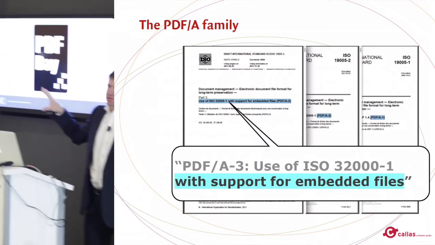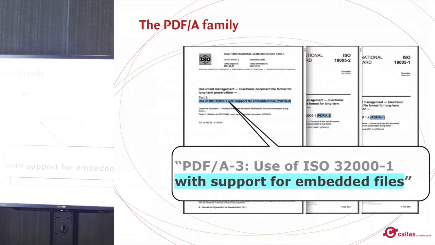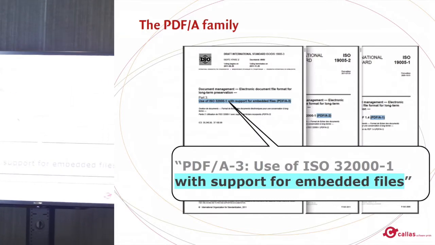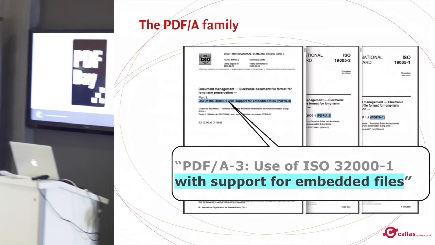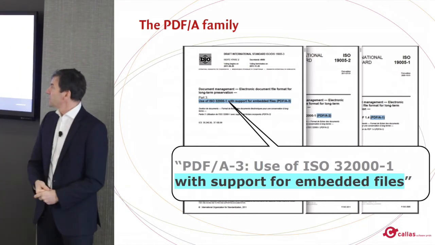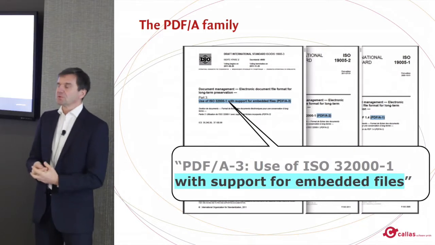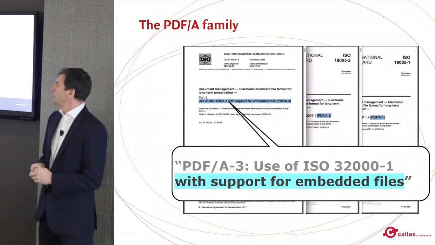PDF A is an ISO standard, and this is an overview about the three standard parts that belong to the PDF A family. Everything within this family is about archiving. It is about using PDF in archives.